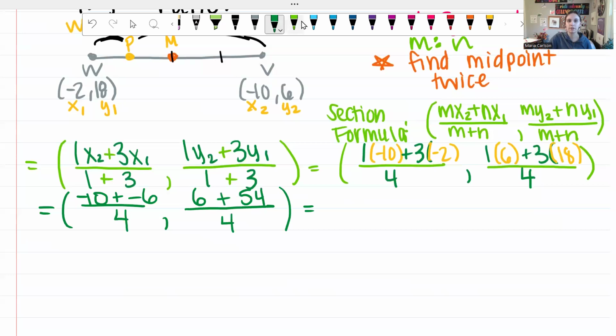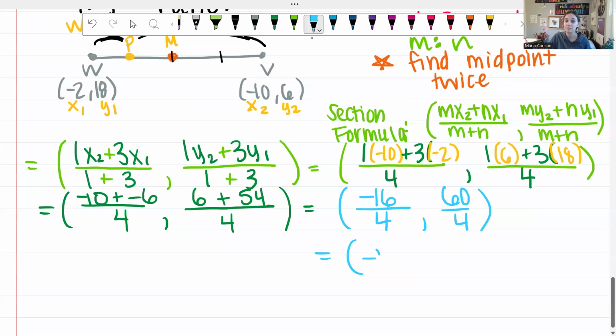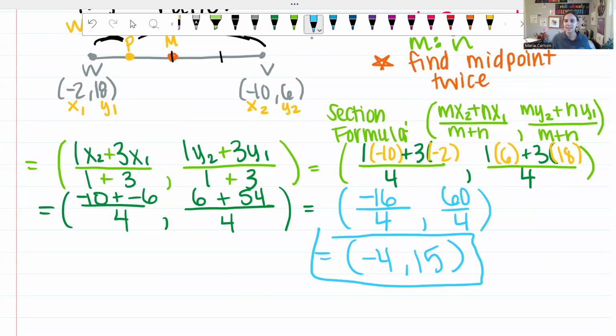And we can add and then divide. So negative 10 plus negative 6 is negative 16 divided by 4. And 6 plus 54 is 60 divided by 4. And then simply dividing negative 16 by 4 gives us negative 4. And 60 divided by 4 is 15. So that was using the section formula. Let's look at one more example with the section formula.